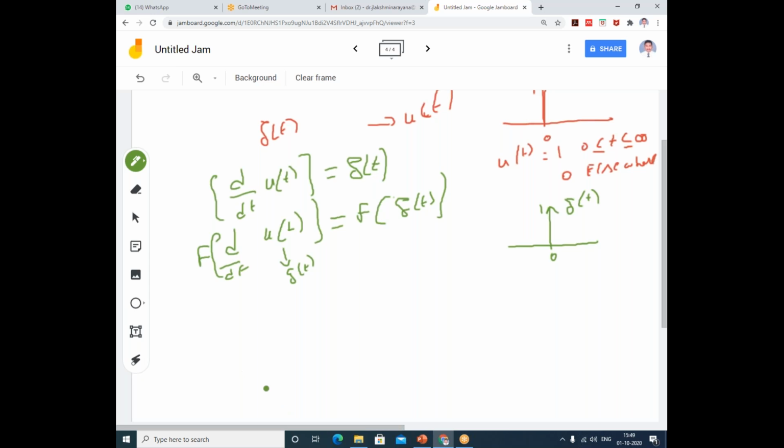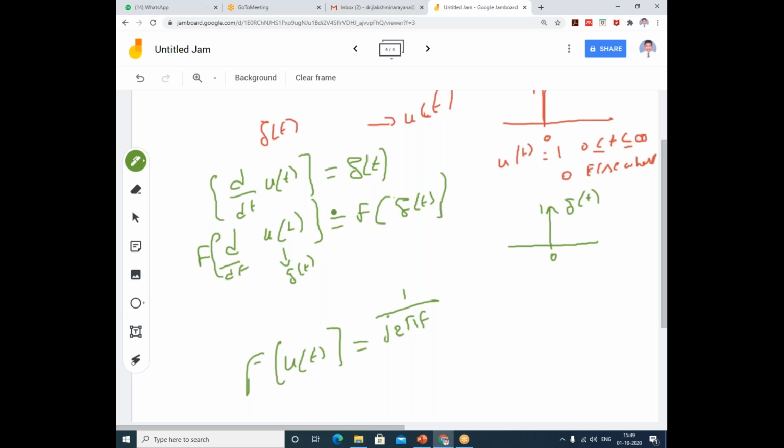When you find the Fourier transform of u of t, which you already discussed in the previous classes, it is nothing but, sorry, not j omega, j2 pi f you will get. So you are going to get 1 by j2 pi f.